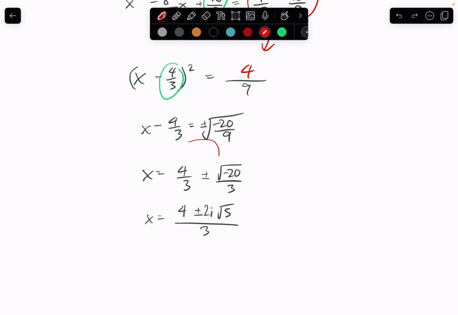But this, by the way, I believe it's correct. I thought it was very cool. Then I realized it's not the correct answer.